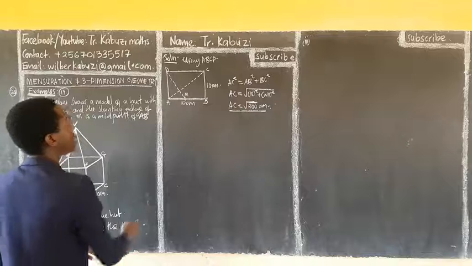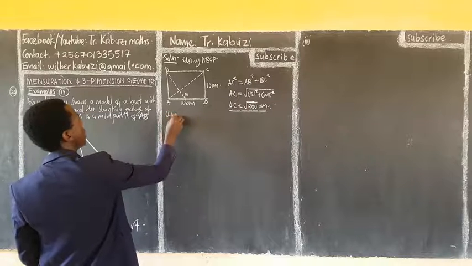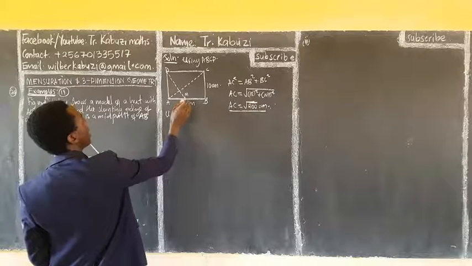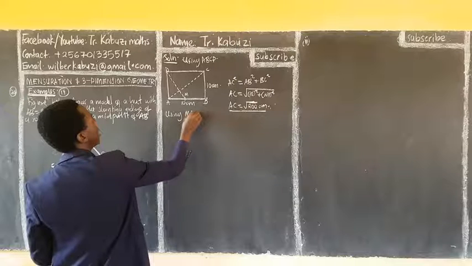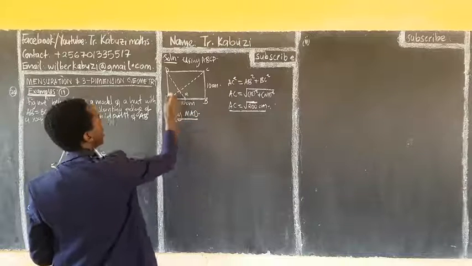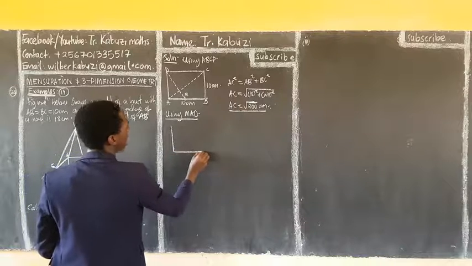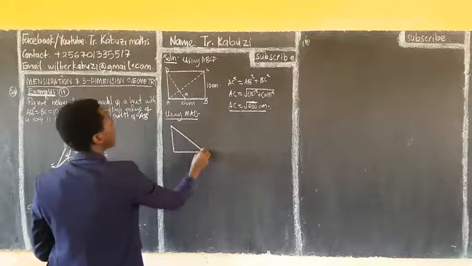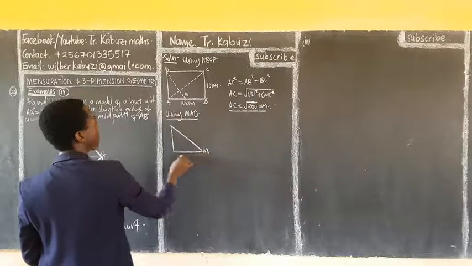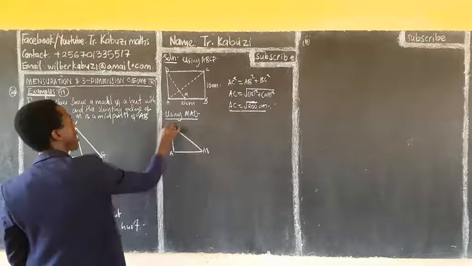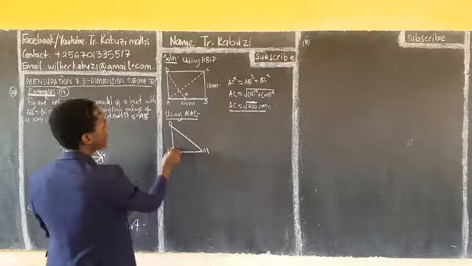So now using triangle MAD, if I pull it out, this is the case that I have. This is my M, this is my A, and this is my D. Of course, this is a right angle.